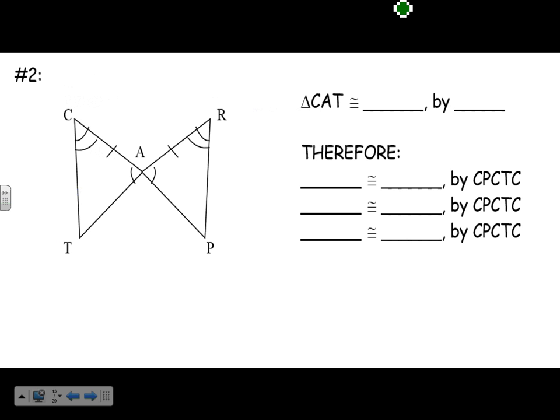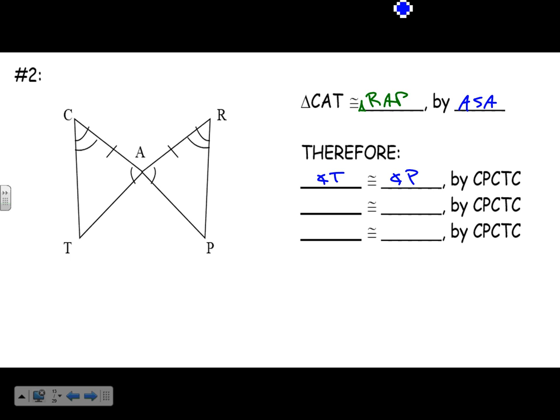So same thing with this one. Triangle CAT is congruent to triangle RAP. And I know that because we have angle, side, angle, which means I know that angle T is congruent to angle P by CPCTC.